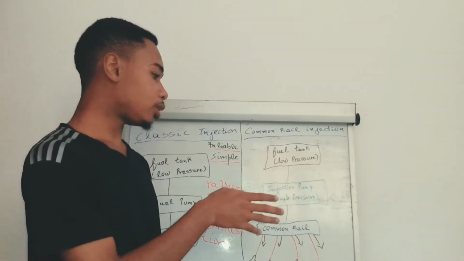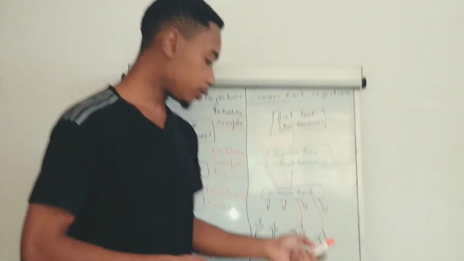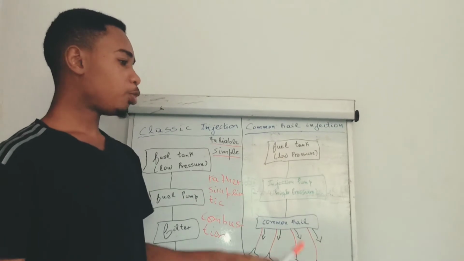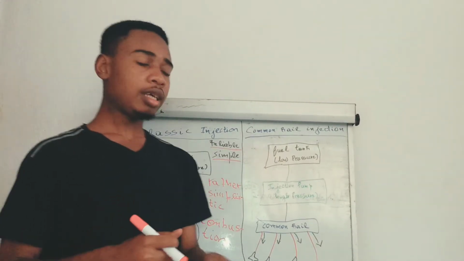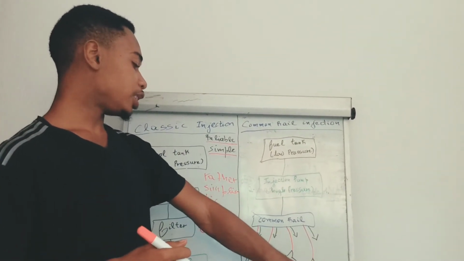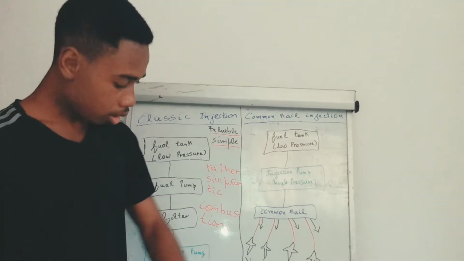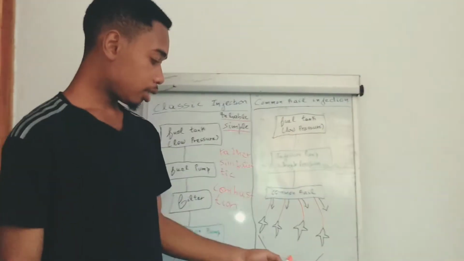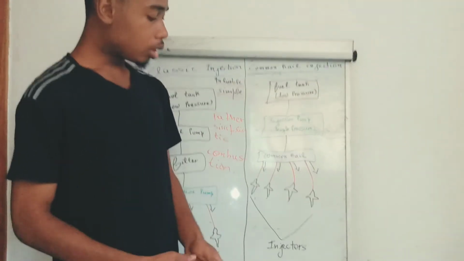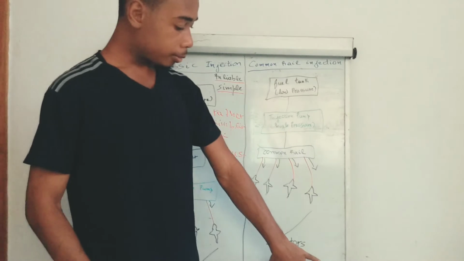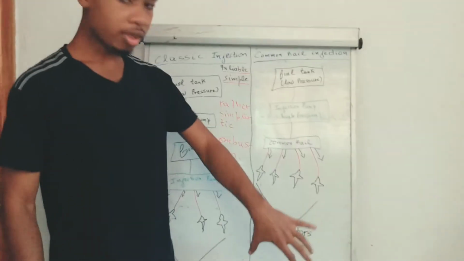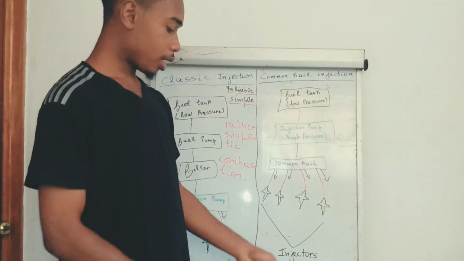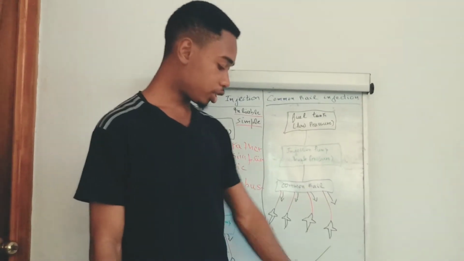What does it do exactly? Okay, the accumulator provides higher and uniform injection pressure across all the injectors. So this excess pressure allows better fuel distribution. That is to say, we have better air and fuel mixture.